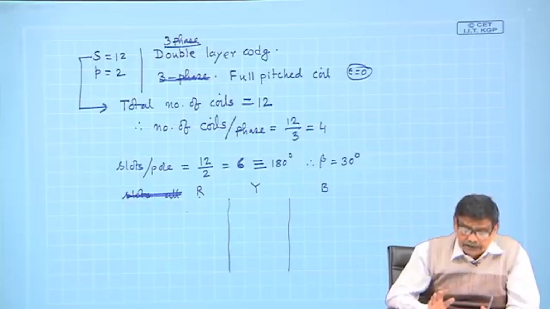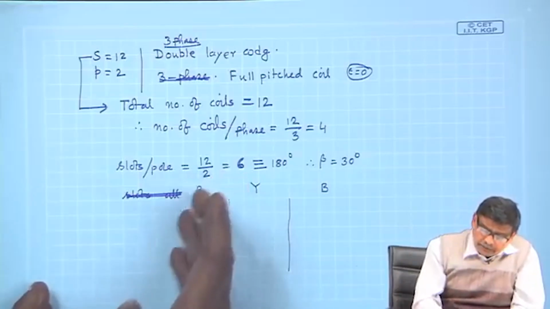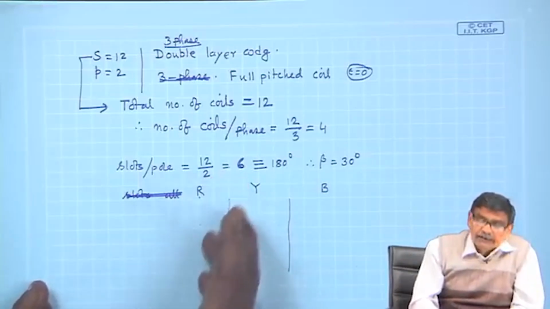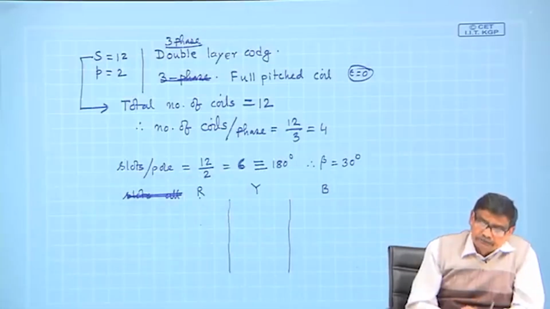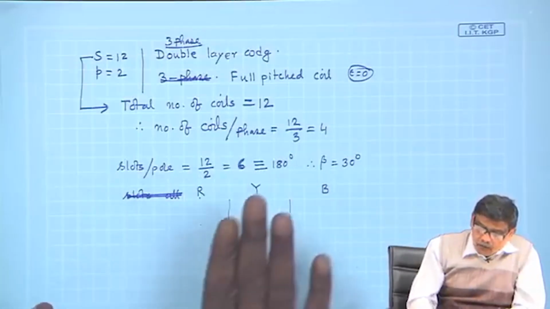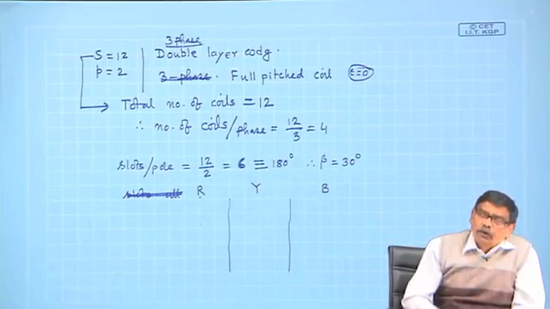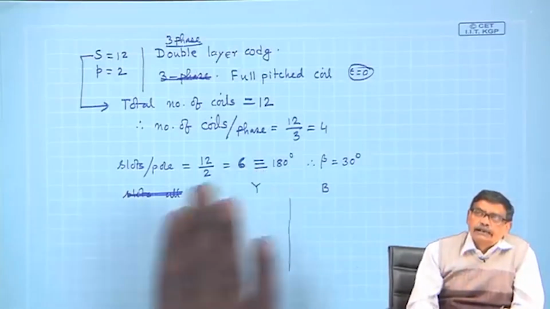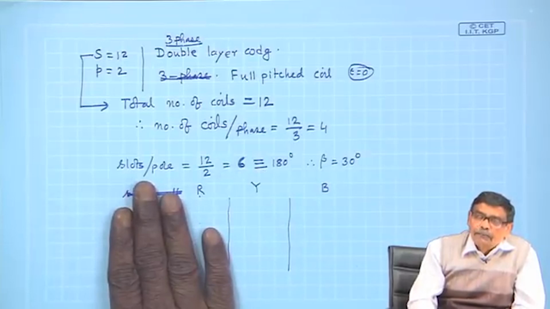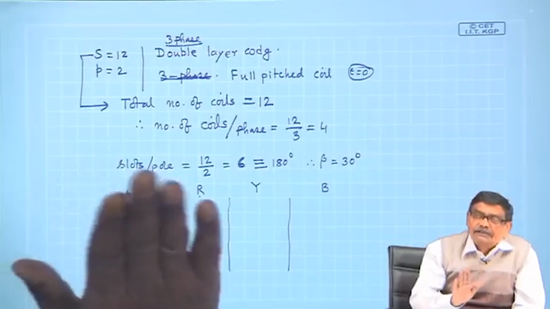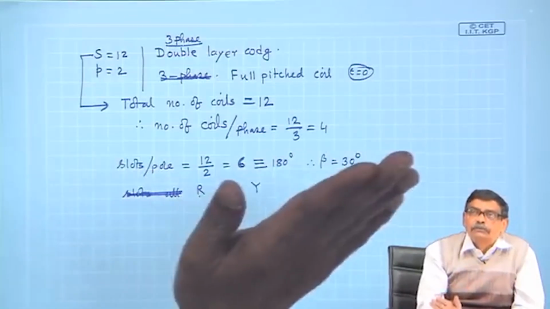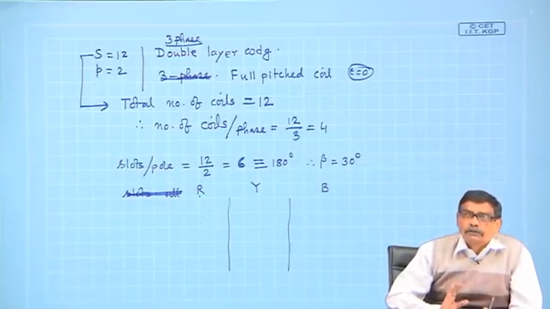One thing is very clear, in whichever way the R winding is accomplished, Y phase winding will be exactly the same as that of R phase winding, but it should be displaced in space by 120 degree electrical, that is all.